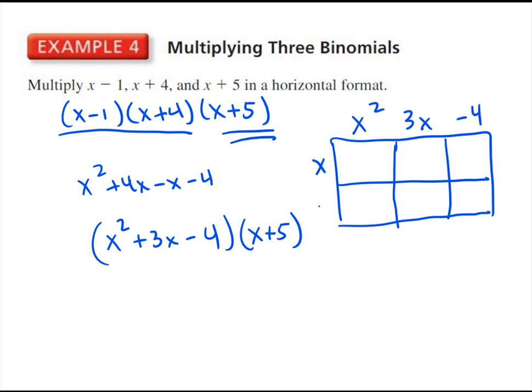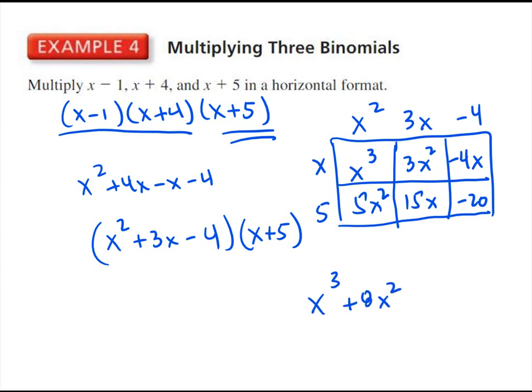And we have an x and a positive 5. So I multiply, this would be x to the third, 3x squared, negative 4x, 5x squared, 15x, negative 20. Combine the like terms, so my final answer: x to the third plus 8x squared plus 11x minus 20.